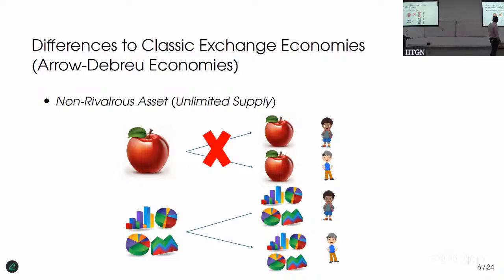And all the market-based mechanisms like the Fisher markets and the exchange markets that we know, where the competitive pricing rule, the competitive equilibrium, determines the prices based on demand and supply, become unnatural in economies with data because it's a non-rivalrous asset. In some sense, we do not have a finite supply constraint.